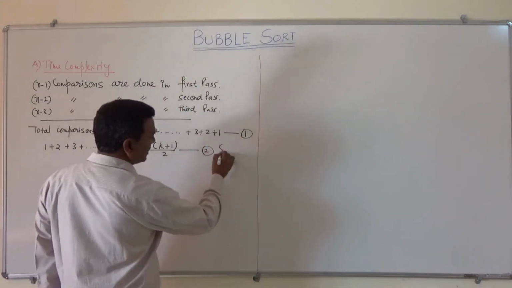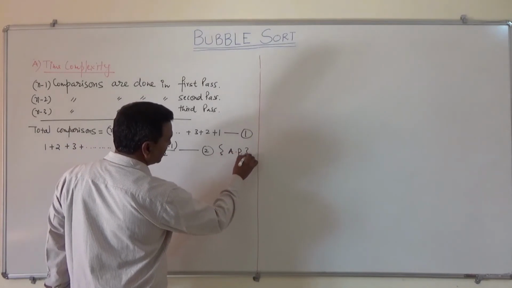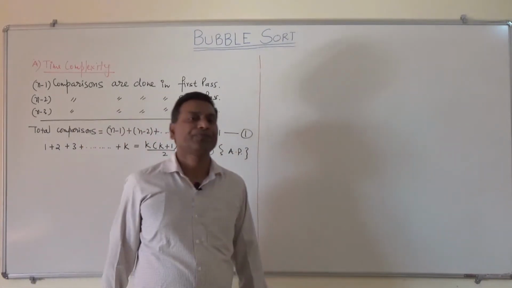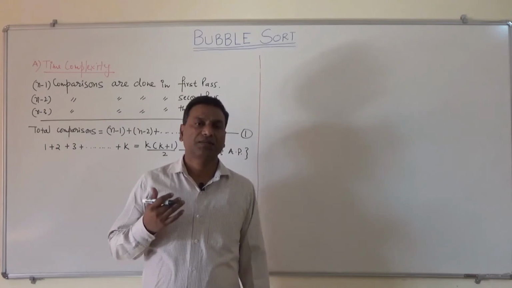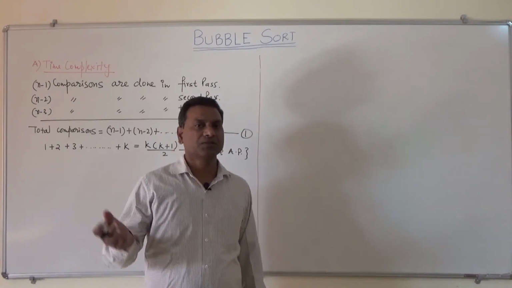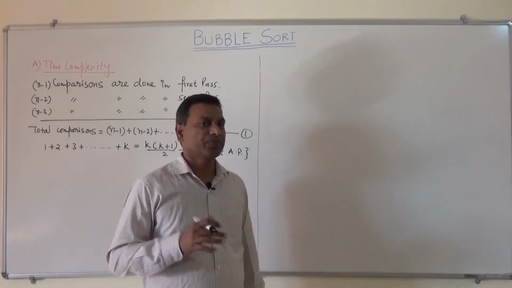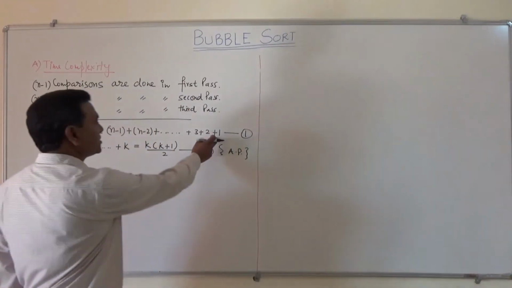So this is from the arithmetic progression. This we already know, that 1 plus 2 plus 3 plus and so on plus k equals k into k plus 1 upon 2. Now we can put this in equation 1.